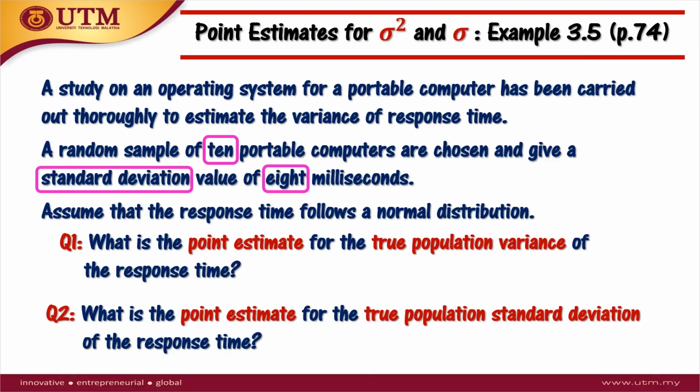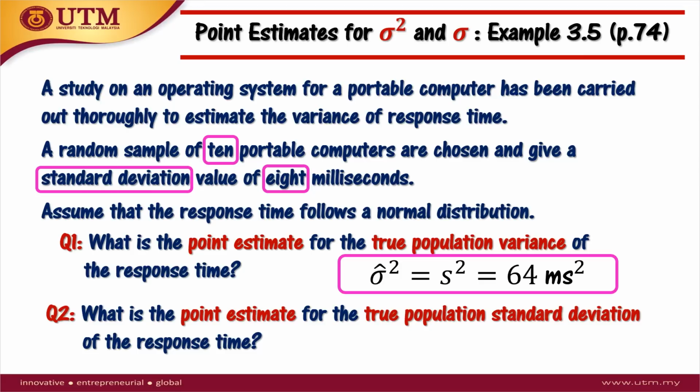So for question 1, the answer is simply the sample variance S squared, which is equal to 64 milliseconds squared. Here, sigma cap squared indicates an estimate of sigma squared, which is simply the S squared, whereas the unit of variance must also be squared.